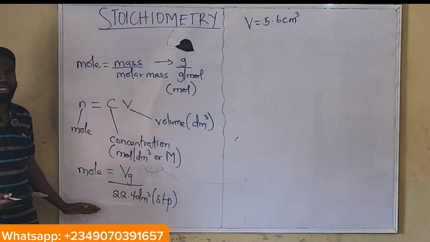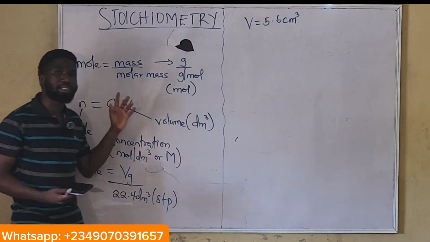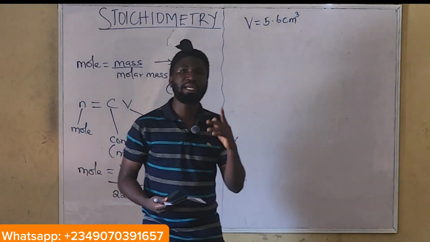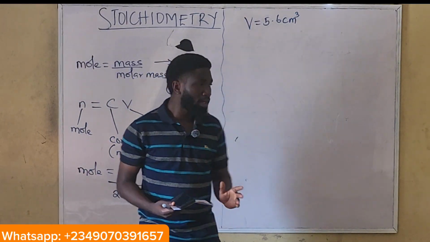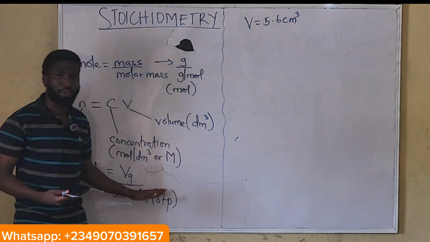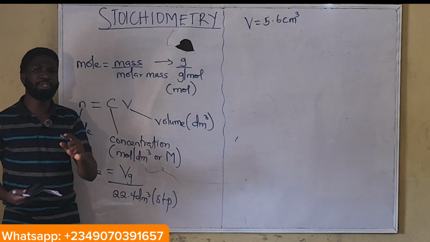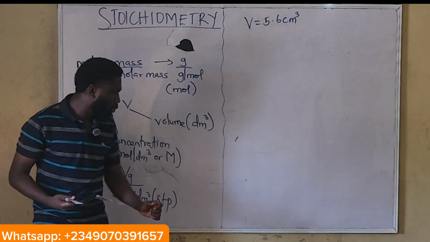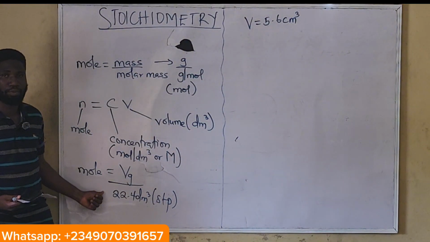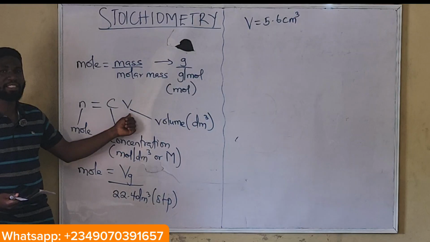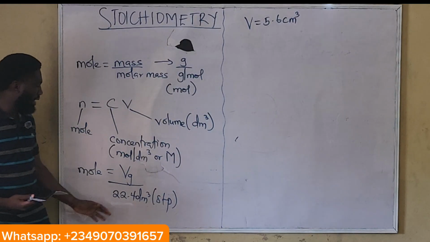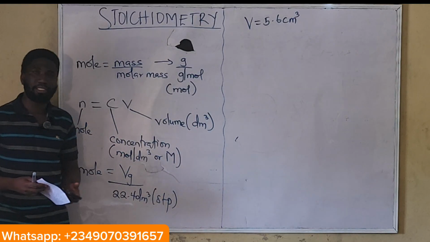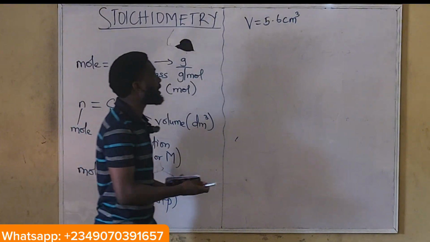Checking out these 3 formulas, we can see that 2 out of these 3 formulas actually have volume, the second one here as well as the third. But whenever your question indicates volume at STP, then look into the third one. Because the volume here isn't the volume at STP. Here we have volume at STP. So let's answer this question.